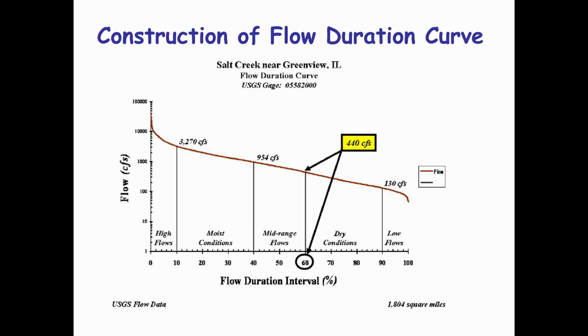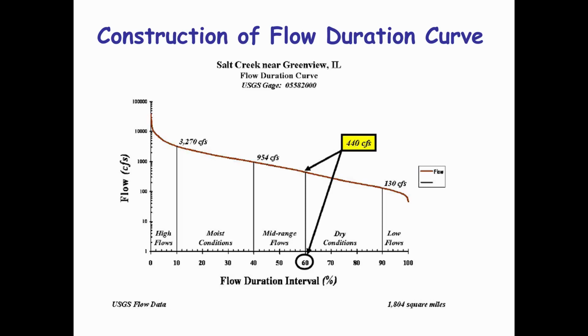Taking another example, the one marked as 130 cubic feet per second, the interpretation is that 90% of the time, that is 90% of the days, 130 cubic feet per second would be equaled or exceeded on any given day. And for the one that's 10%, the discharge is 3,270, which means that 10% of the days, the discharge will equal or exceed 3,270 cubic feet per second.